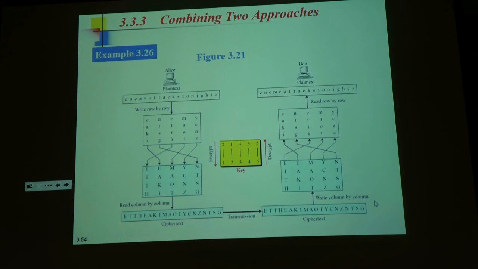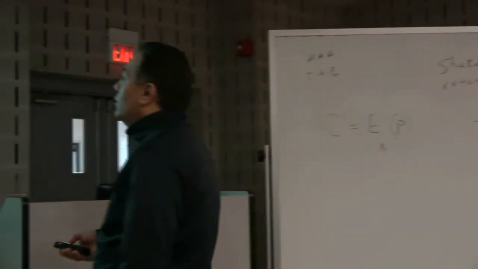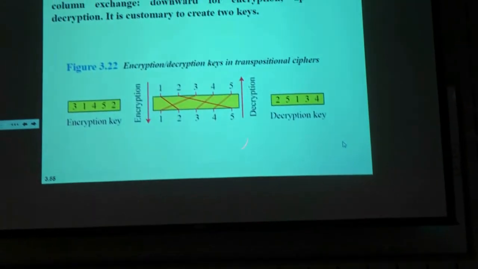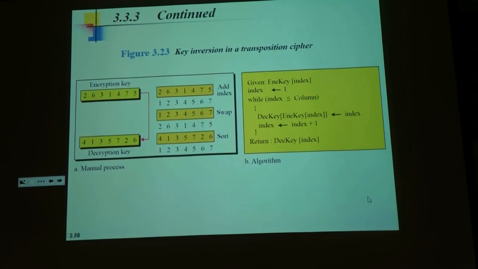When it comes in here, you switch the columns back. So this key box switches the columns' locations. This is the encryption key and this is the box, and that's the decryption. You could go through this again, it's the same thing.